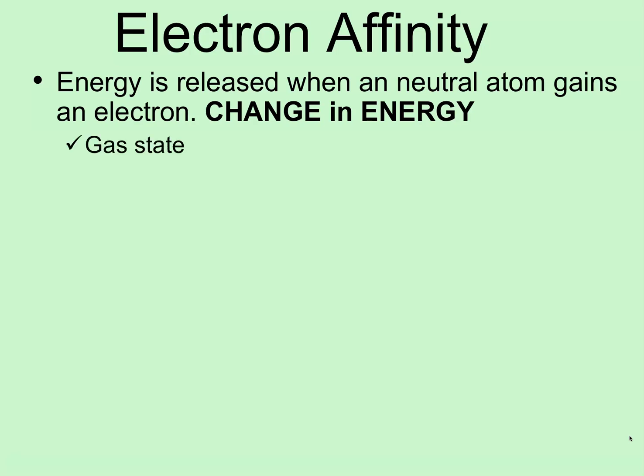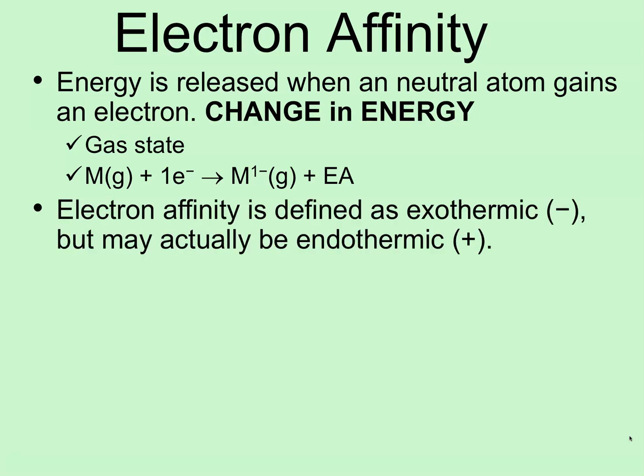Just like ionization energy, electron affinity occurs in the gaseous state. From a generic reaction perspective, our reaction would look like this, which is kind of the opposite, if you will, of ionization energy. Electron affinity is defined as an exothermic process.